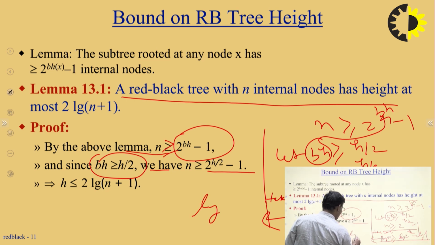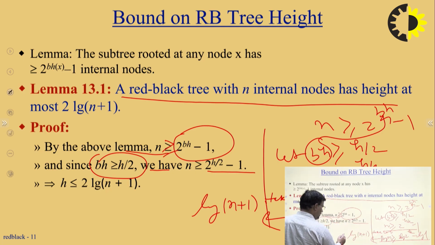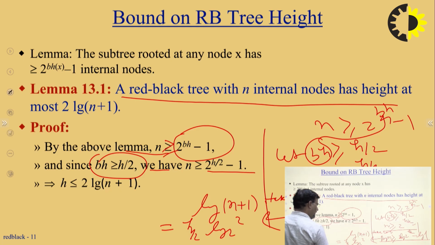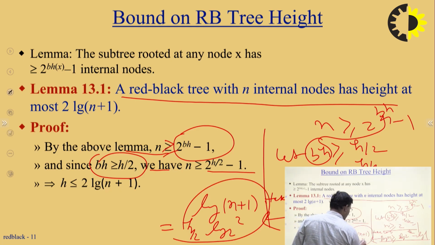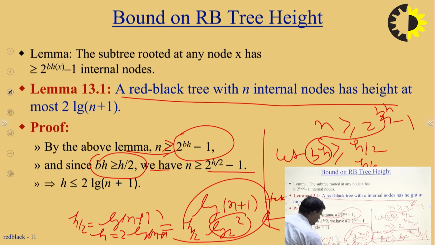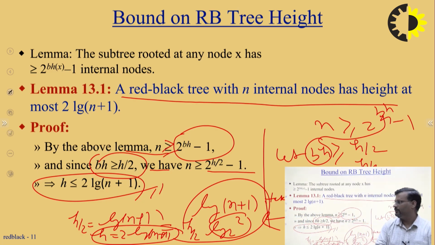Then log n plus 1, and here h by 2 times log 2 base 2. Now what is h? Log 2 base 2 is equal to 1. Then h by 2 is equal to log n plus 1. Then what is h? h is equal to 2 log n plus 1. This is proved. This is the result. Okay. Got it? Next thing.